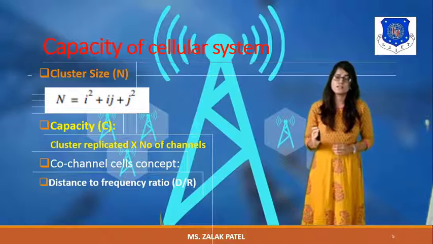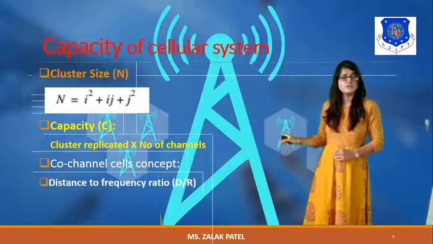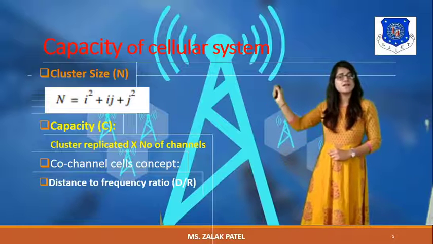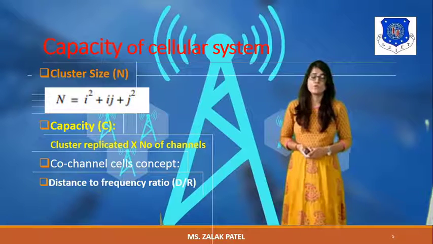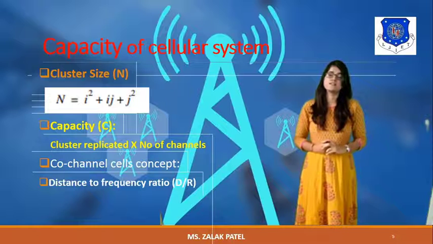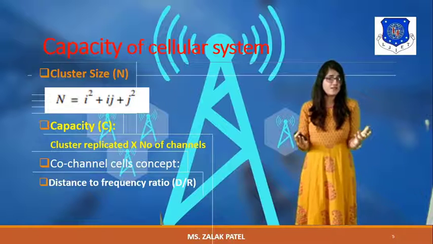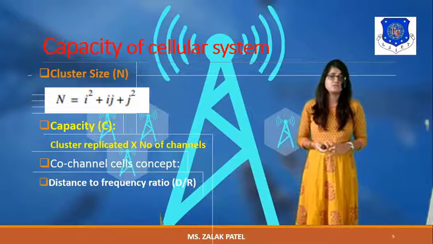Means if the cluster size is affected, then it affects the distance to frequency reuse ratio. As the cluster size increases, the distance to frequency reuse ratio again increases. So the more the cluster size, the more the distance to frequency reuse ratio, and the more the signal to interference ratio. So it is always desirable to increase the cluster size as much as possible.